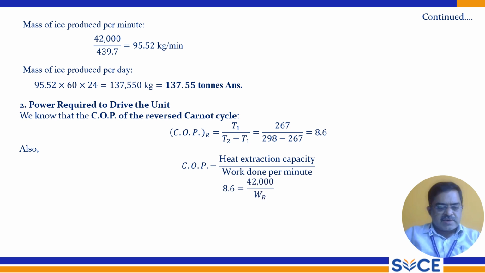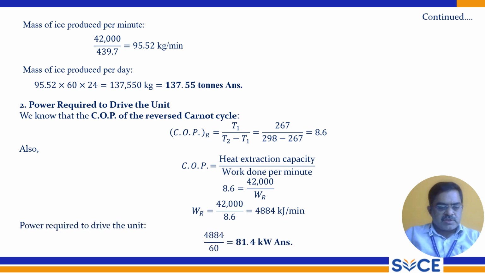WR can be calculated. So that is 42,000 divided by 8.6, that is equal to 4,884 kilojoules per minute. So that can be converted into seconds. So 81.4 kilowatts is the answer. So that is the power required to drive the unit.